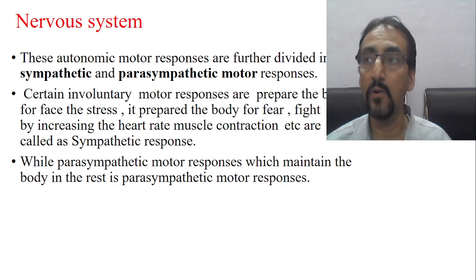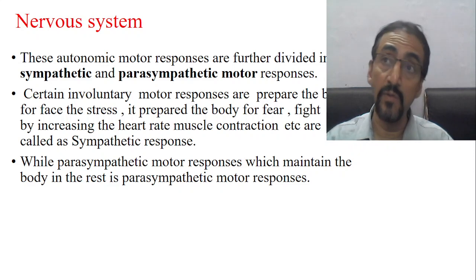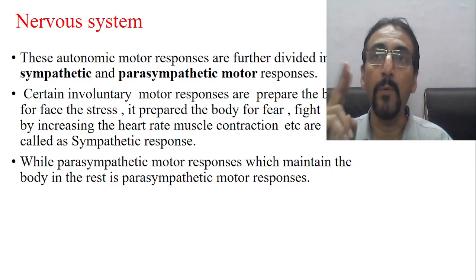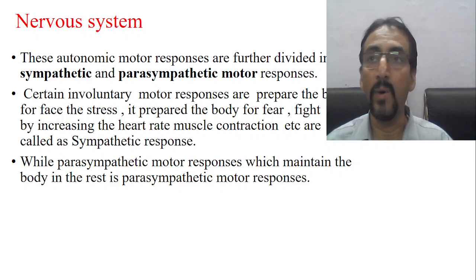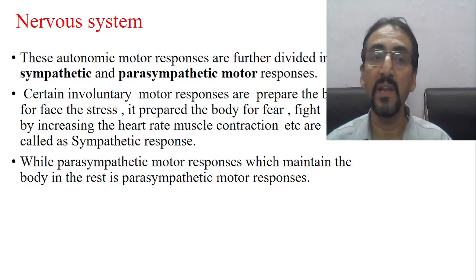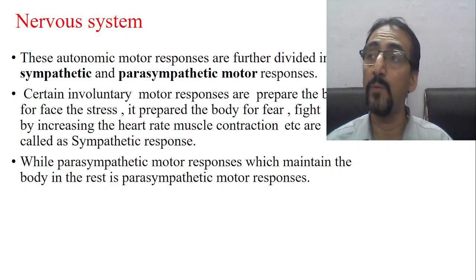Okay, this is called autonomic nerve responses, and these responses, the involuntary responses that I am telling, will be carried to the peripheral parts of the body by two important systems. What is that? One is the sympathetic nervous system, another one is the parasympathetic nervous system. So sympathetic and parasympathetic are the divisions of the peripheral motor nervous system.